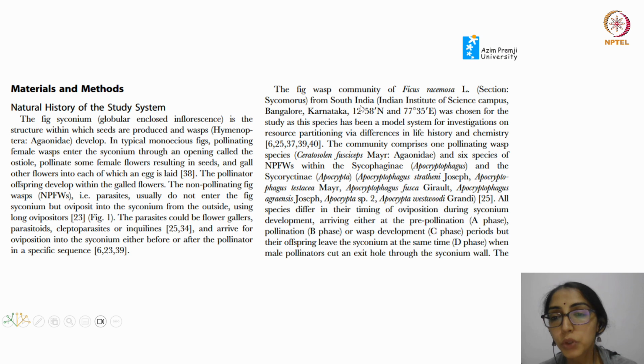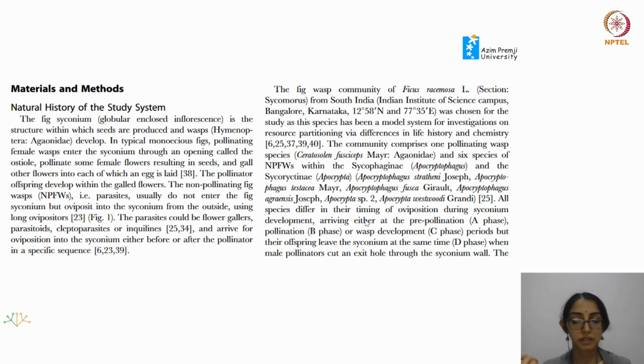If you put this exact location into the maps app on your phone, you should be able to go back to exactly where they found those fig wasps, right? And then they tell you about what they found in the community and also how they have chosen the specific wasps that they've studied.